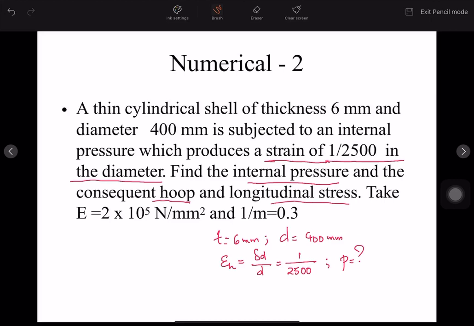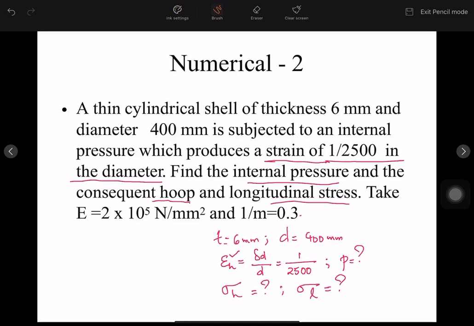So he has given the hoop strain, and he is asking us to find the hoop stress and longitudinal stress. Take E equal to 2 into 10 power 5 Newton per mm square and mu equal to 0.3.